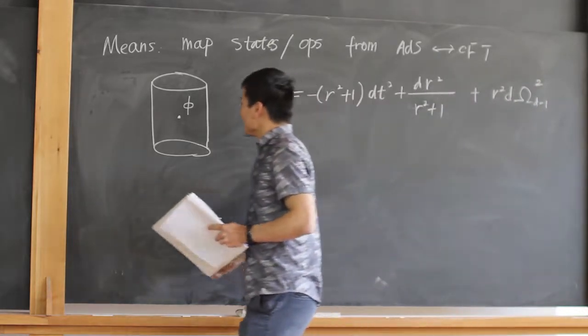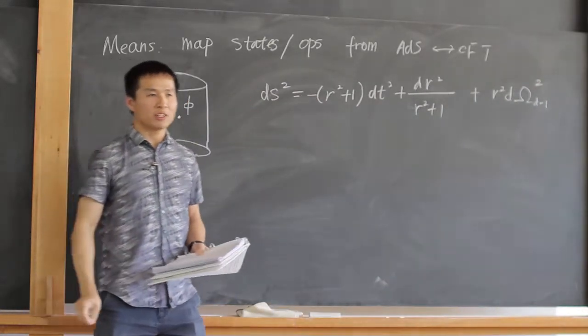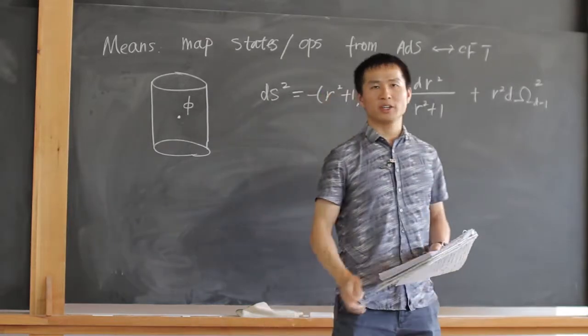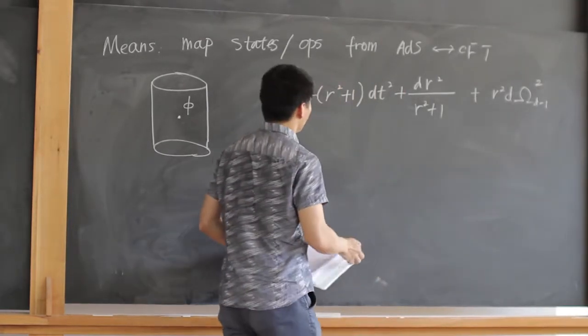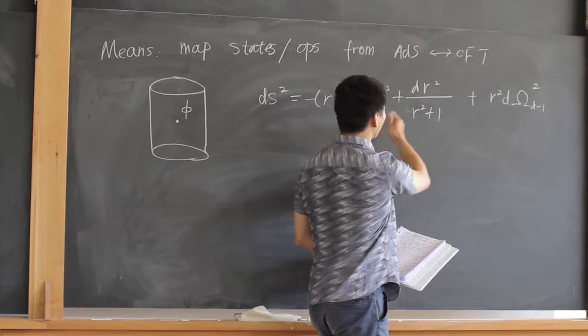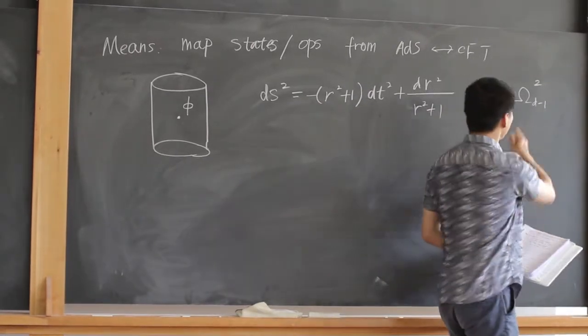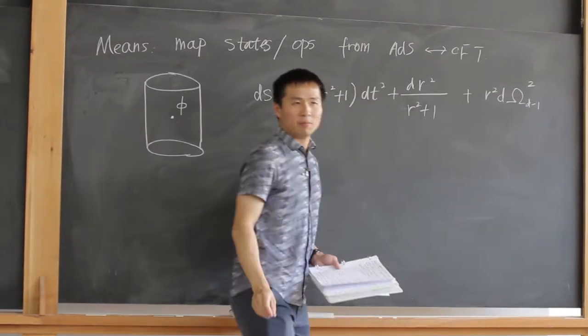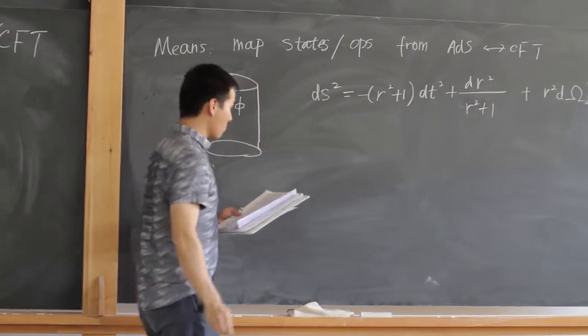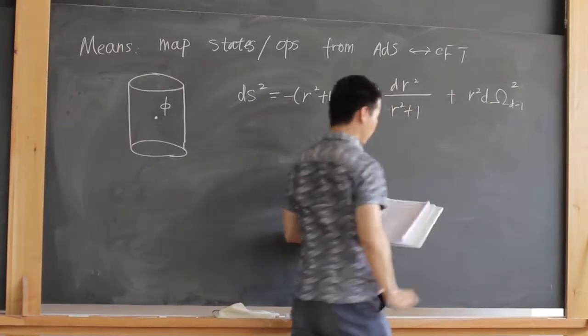So in this notation, D is always the boundary dimension. D plus 1 is the bulk dimension. And in the bulk, we have the T coordinate, the radial r coordinate, and the spherical coordinates in D minus 1 dimensions. The boundary has T and these spherical coordinates.